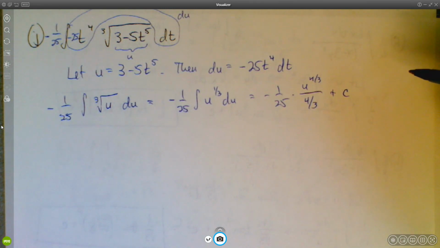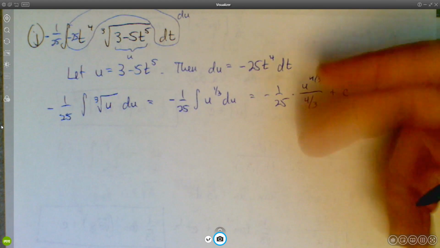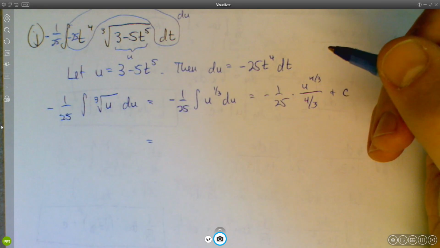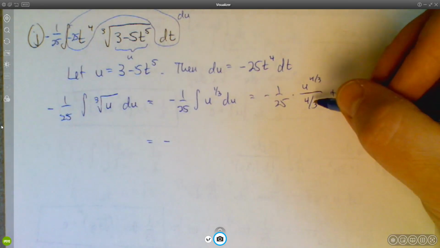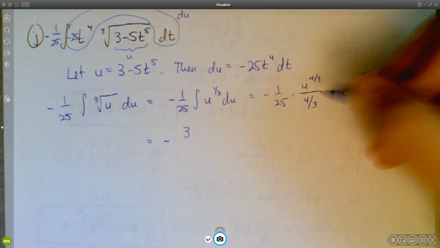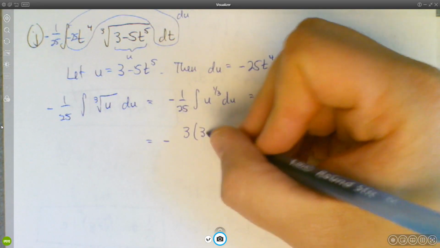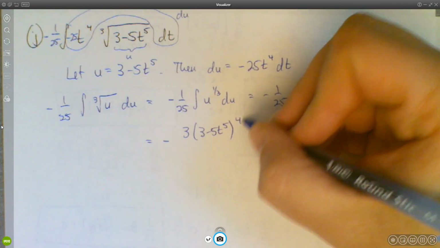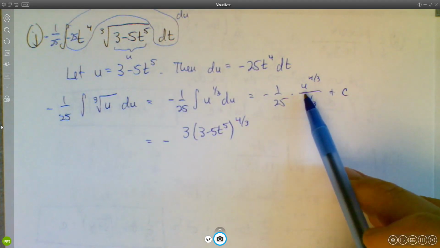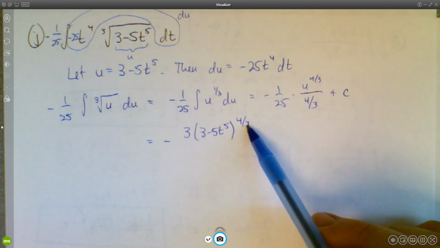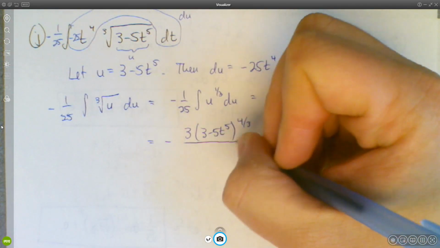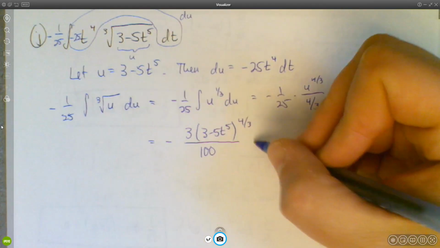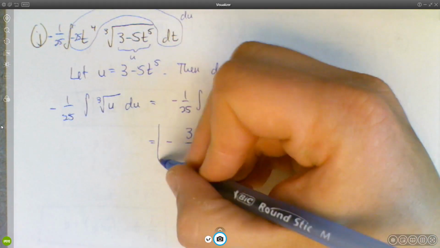I can flip and multiply, and I would get negative 3. U was really 3 minus 5t to the 5th. So it's a negative 3 u to the 4/3 divided by 4 times 25, which is 100, plus c. There you go.